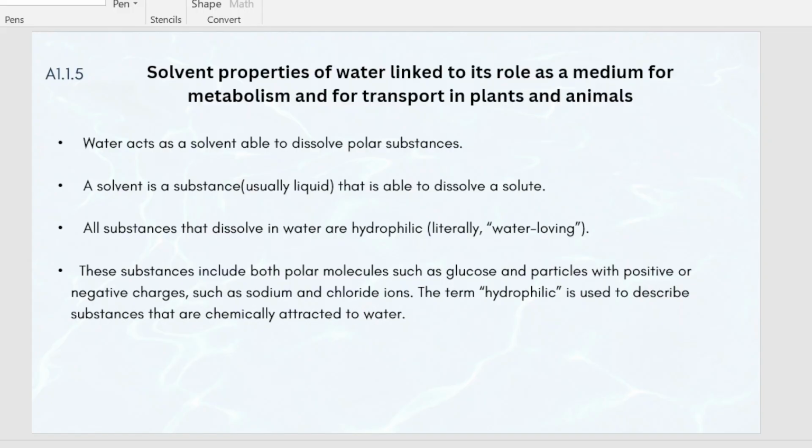On the other hand, hydrophobic substances are not attracted to water.